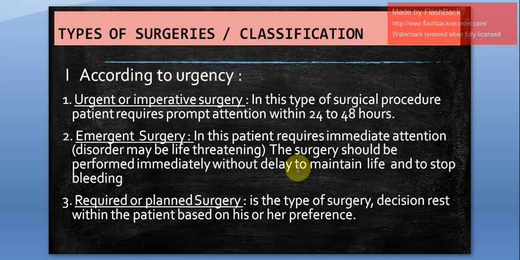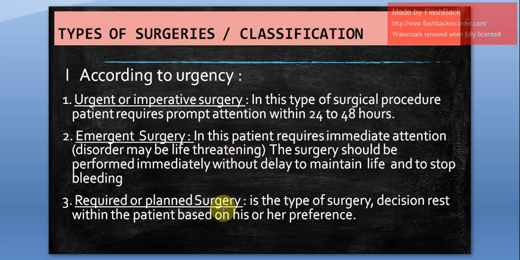If you are not performing the surgery immediately, the patient may go into life threatening complication or the patient may die. That is referred to as emergent surgery. So urgent surgery means surgery has to be performed within 24 to 48 hours. Emergent means it is very life threatening, so surgery should be done immediately.